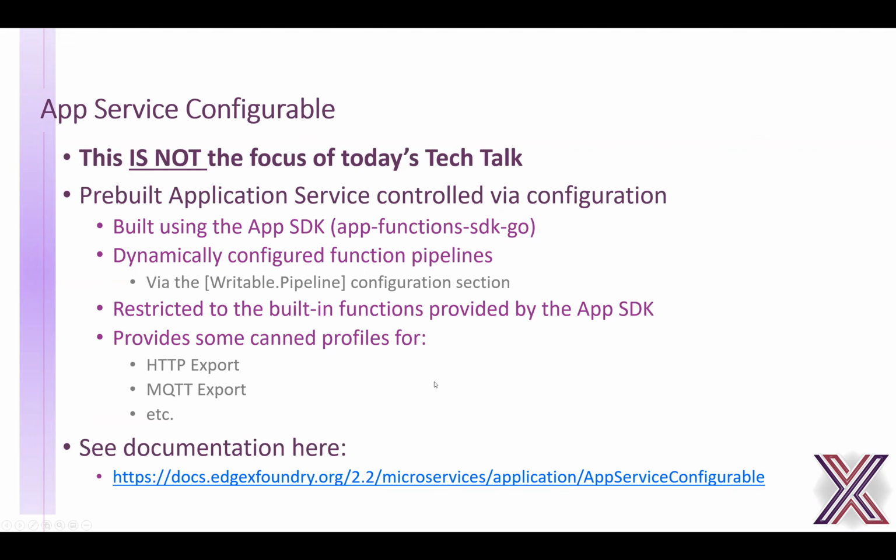So all our configuration in EdgeX are in TOML format. It's restricted to using built-in functions that are already provided by the SDK. So there's the limitation. If you have some specific function that you want to run in your pipeline, there's no plug-in ability. So you have to write a custom application service.